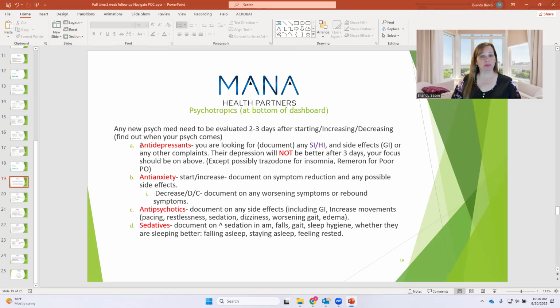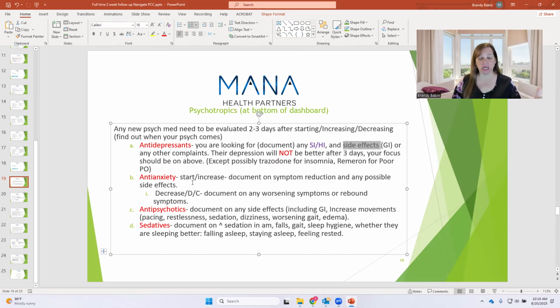So for any antidepressant that is new or that is increased or decreased, you are looking for suicidal or homicidal ideations. Side effects are higher the first week of starting an antidepressant or any other psychotropic medication. So you want to address that in your documentation. And you also want to address side effects.